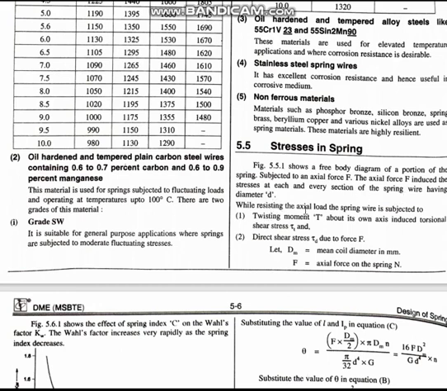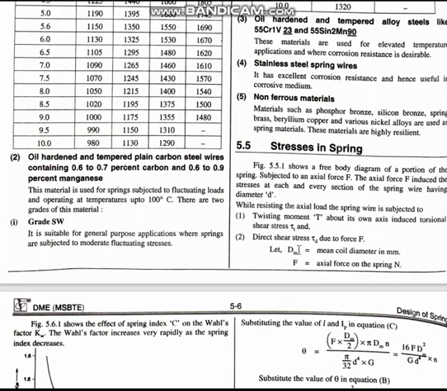While resisting the axial force, the spring wire is subjected to a twisting moment, capital T, about its own axis. So this twisting moment induces torsional shear stress tau.